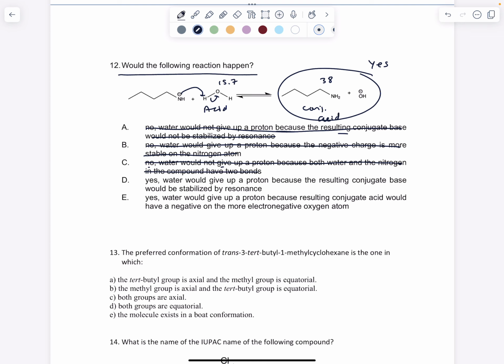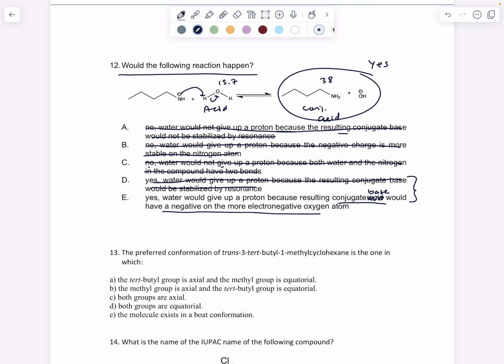So we get down to these two, either of these two. The first one, yes, water would give up a proton because the resulting conjugate base would be stabilized by resonance. Well, there's no resonance stabilization, so that one doesn't make sense. So the very last one, water would give up a proton because the resulting conjugate base would have a negative on the more electronegative oxygen.